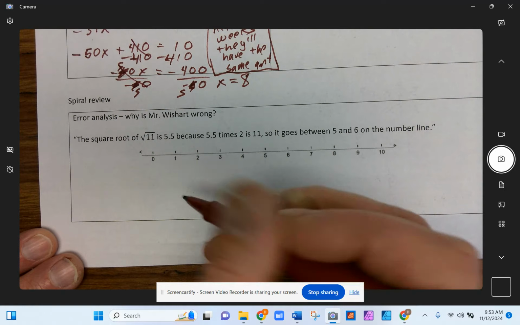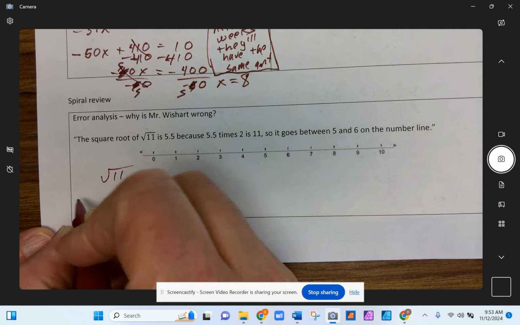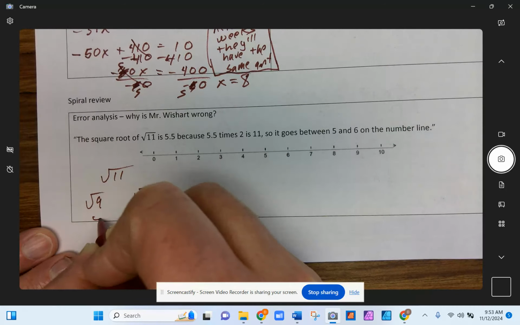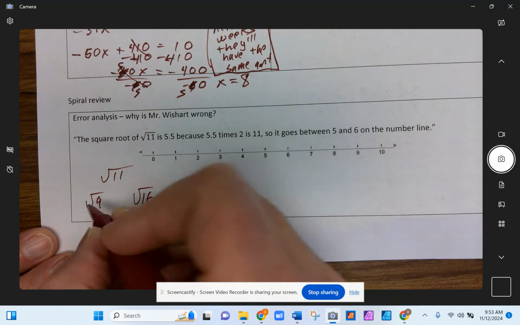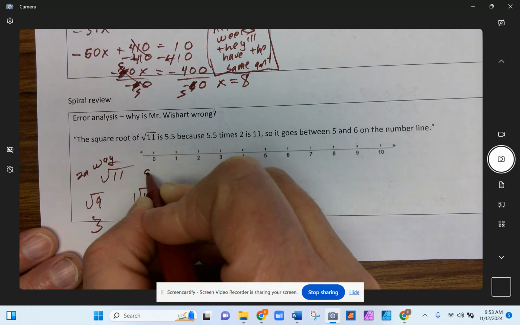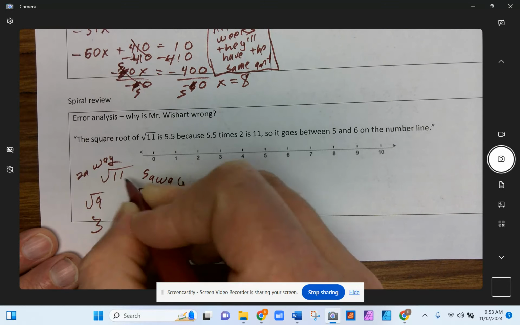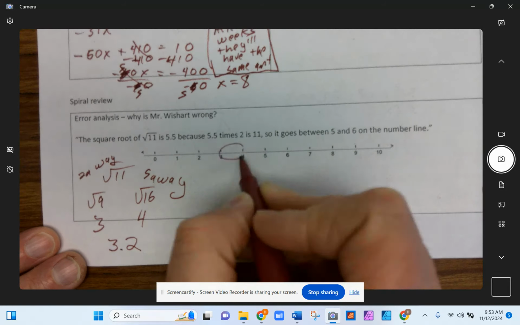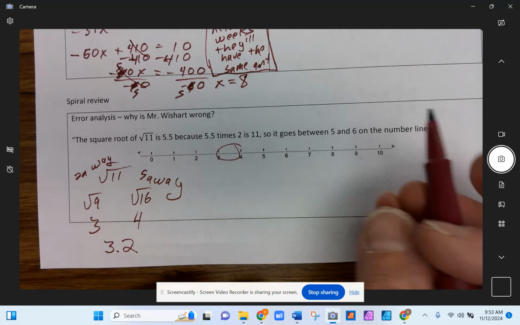We know that 11 is in between the square root of 9 and 16, which means it's in between 3 and 4. It's 2 away from that 9, and it's 5 away from that 16. So it's closer to 3. It's going to be about 3.2. So we know that it's going to be right there, okay?